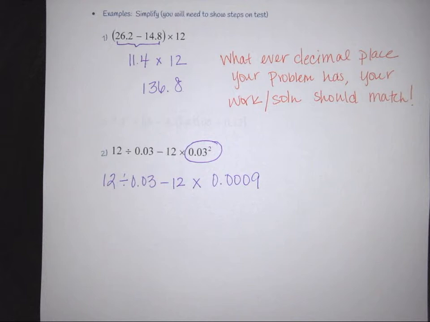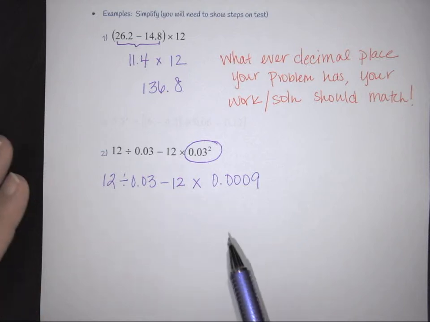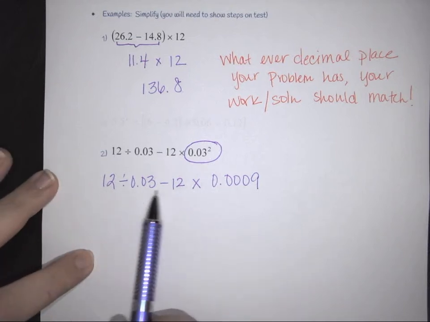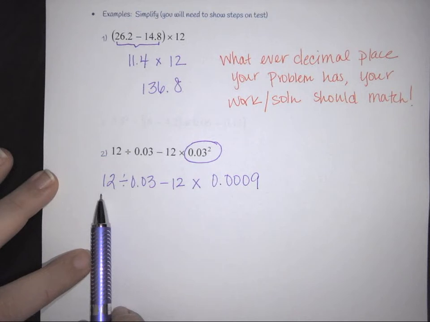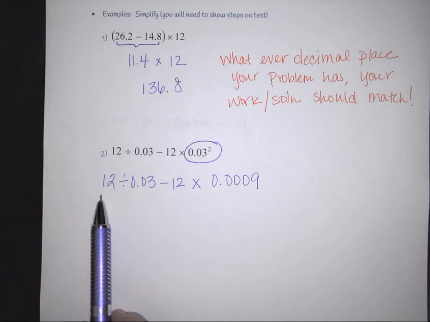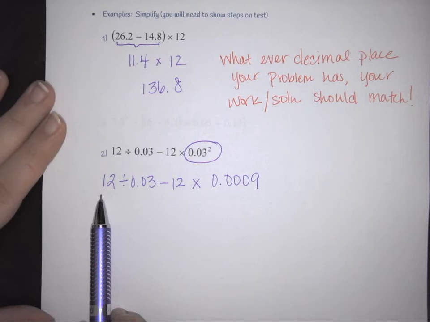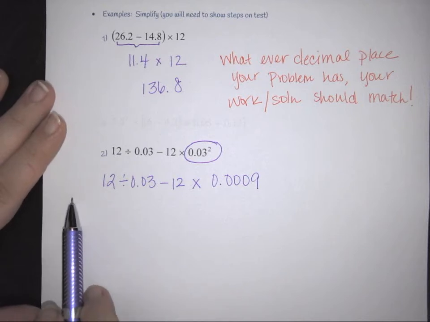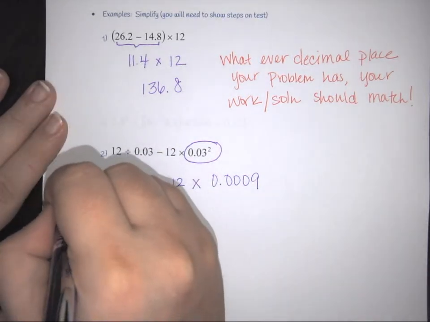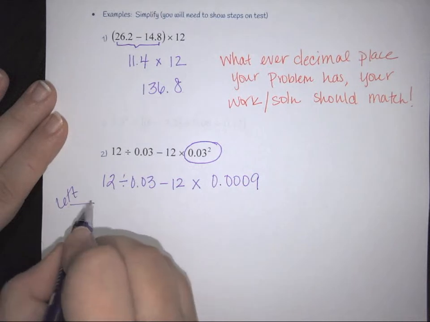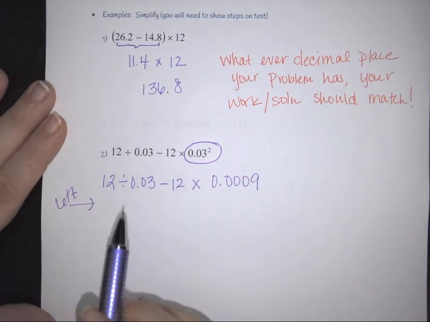Now, moving left to right, the next thing you have to do is look for any other exponents. So I'm looking at my new line and I don't have any exponents. So now I look for multiplication or division from left to right, whatever comes first. So remember, this is your left side, and we're going to look in this direction and do what comes first.